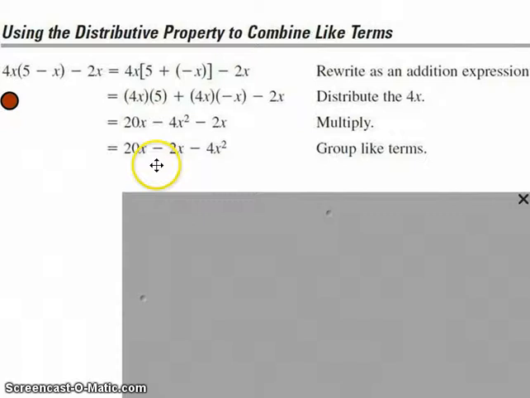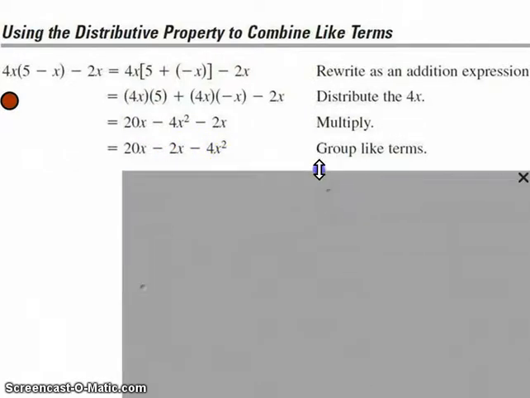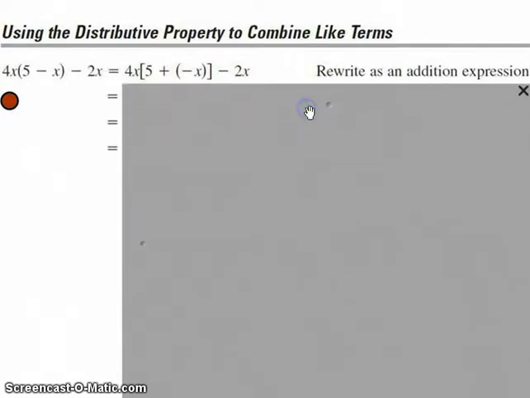The answer is this: 20x minus 2x minus 4x squared. Actually, that isn't even finished, is it, now that I think about it? But let's talk about how it was built. First, they distributed the 4x to both of the pieces inside these parens.